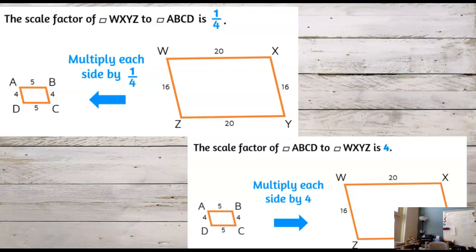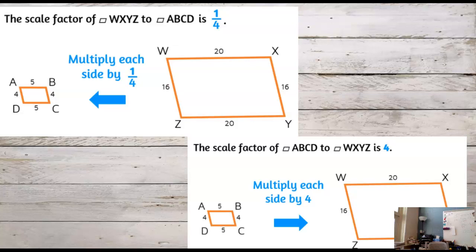So guys, what I want you to write on your paper where we wrote scale factor at the top right: if we need to find the scale factor, you do the new over the old. Or you can call it original, but new versus old is easier for me. This is like the image and the pre-image, but we can write less letters.